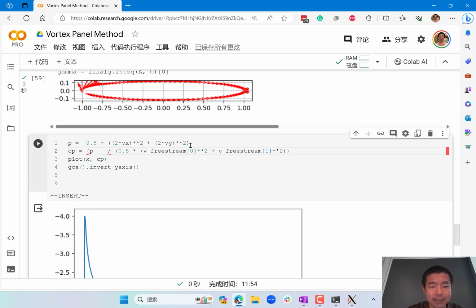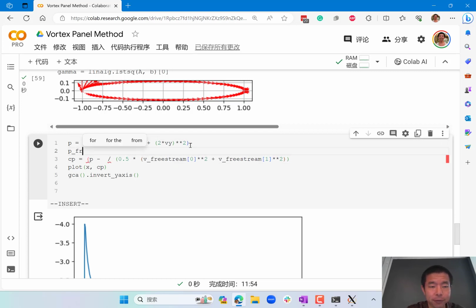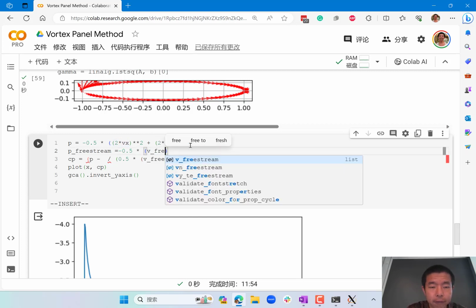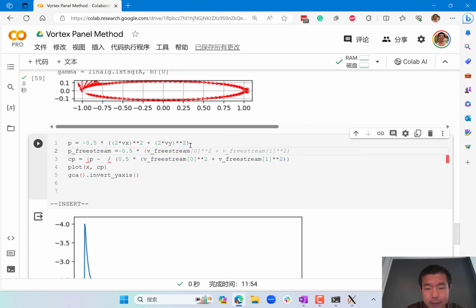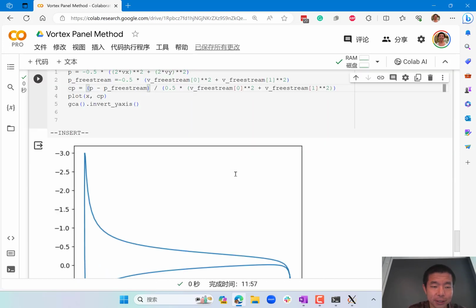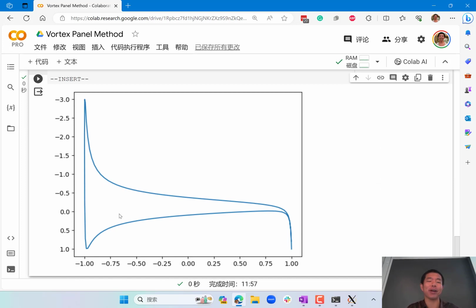P free stream is equal to the same thing, but with V free stream. So this is my P free stream. I should be subtracting the free stream pressure and then dividing by this. So that's what I should get.